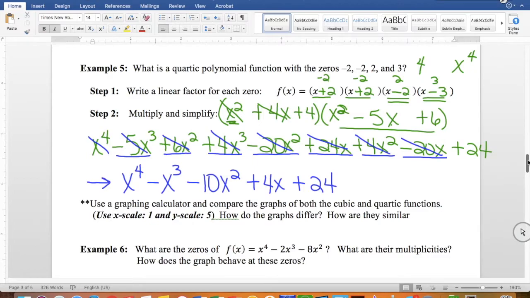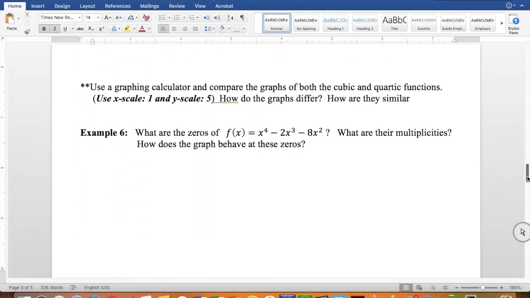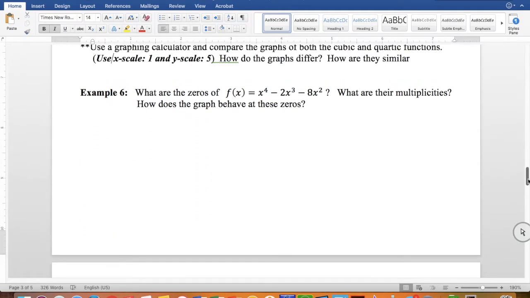So, last example before you can start your assignment: what are the zeros of f of x equals x to the 4th minus 2x cubed minus 8x squared? What are their multiplicities and how does the graph behave at these zeros?